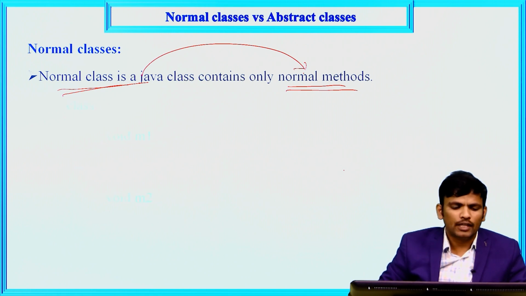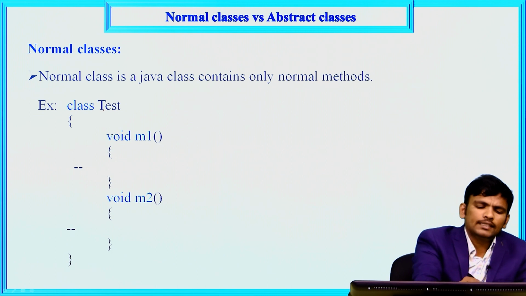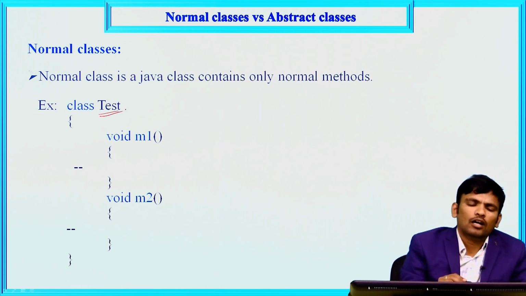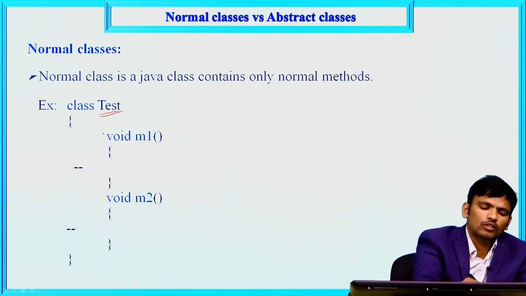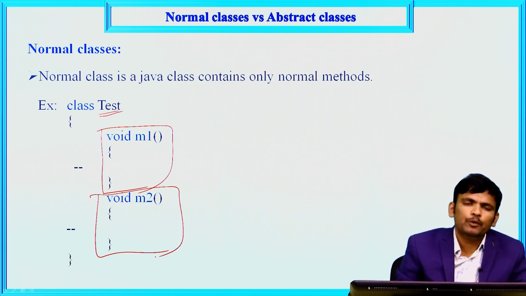Suppose you take an example, you can see here. Class Test is a normal class. How can we say Test is a normal class? It has two methods, M1 and M2, and both are normal methods.